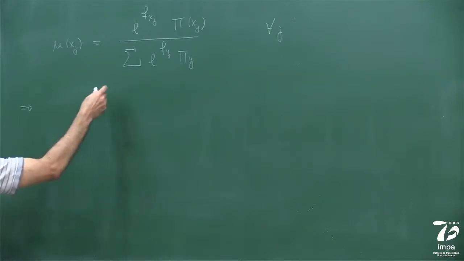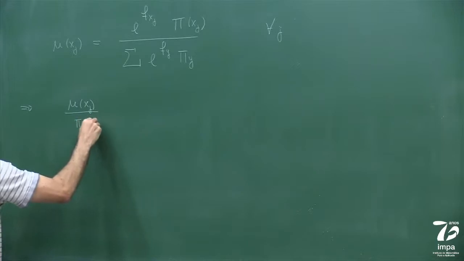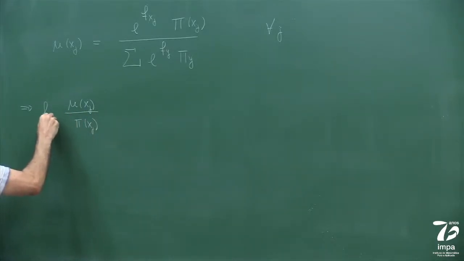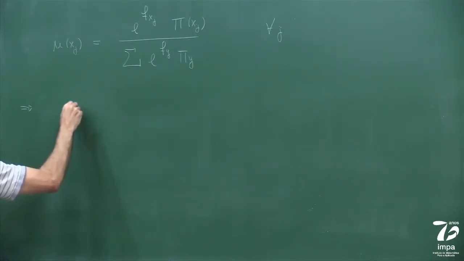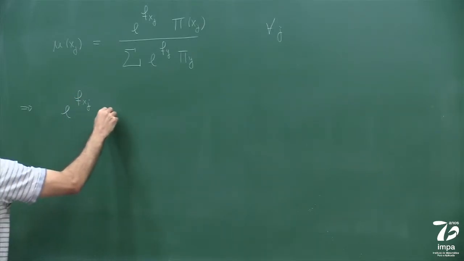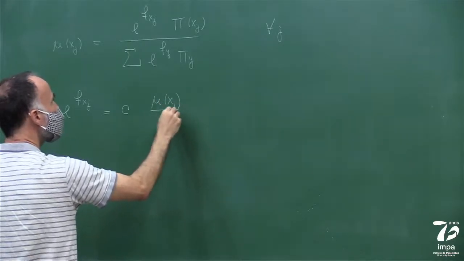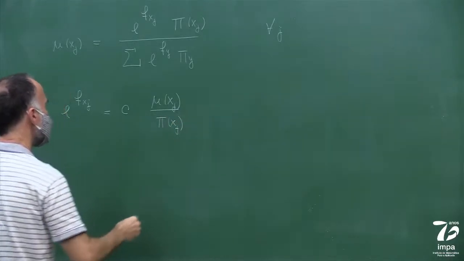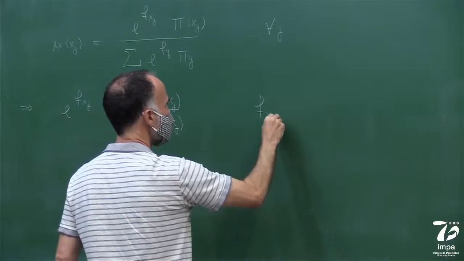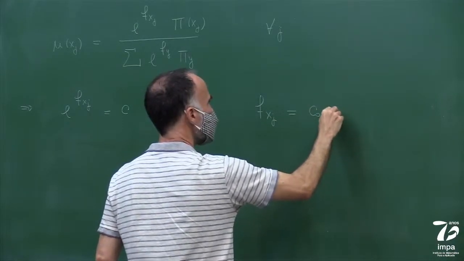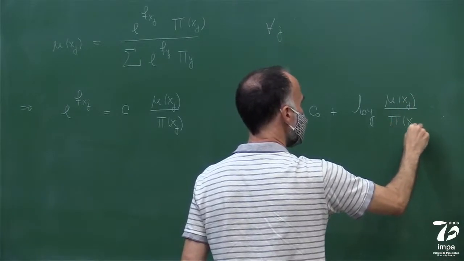I get that exponential f(xj) should be equal to a constant times mu(xj) divided by pi(xj), from which, taking log on both sides, f(xj) should be equal to a constant plus the logarithm of mu(xj) over pi(xj).